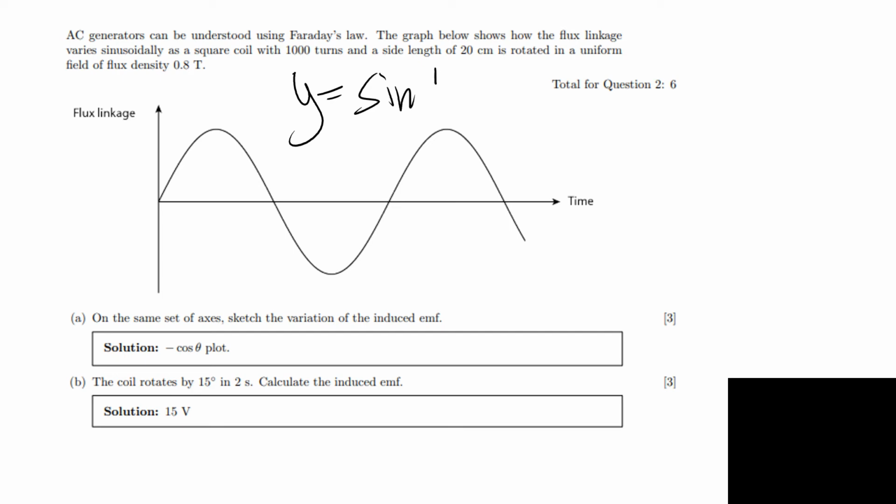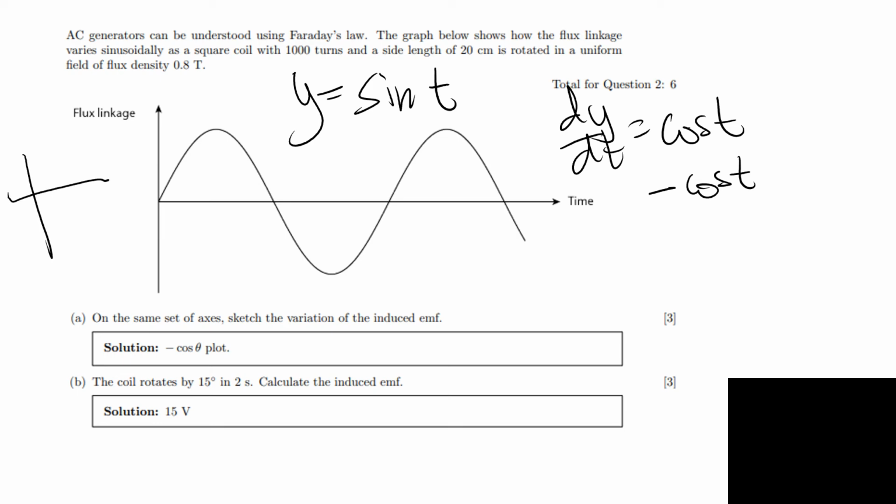Y equals sine t. If you differentiate this, you get dy by dt equals cos t. But remember Lenz's law, it becomes minus cos t. So cos t is this. So minus cos t will look like this, right?